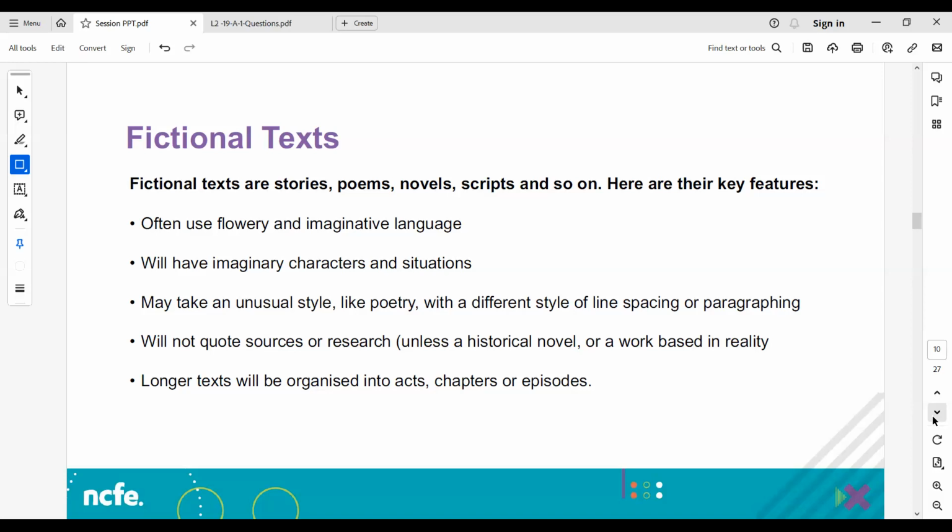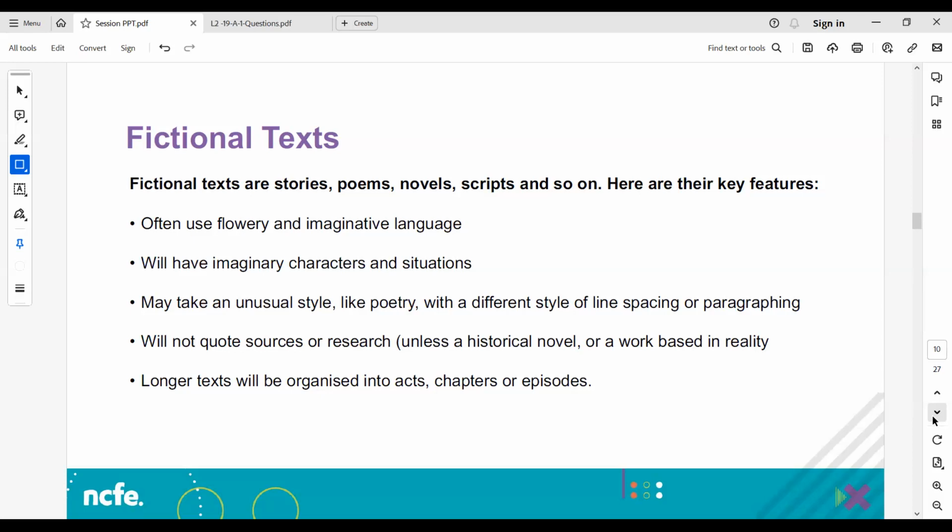There'd be imaginary characters and situations, so it could be make-believe, fantasy, and so on. Something like poetry, which wouldn't follow the normal grammar, punctuation, and even layout rules. So it's that kind of artistic freedom with something like poetry.